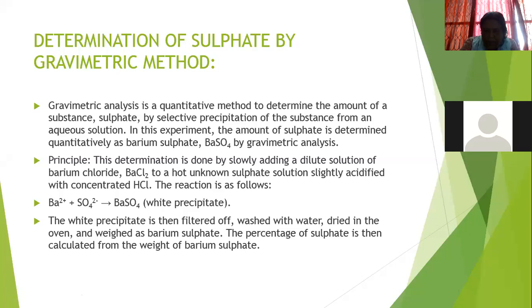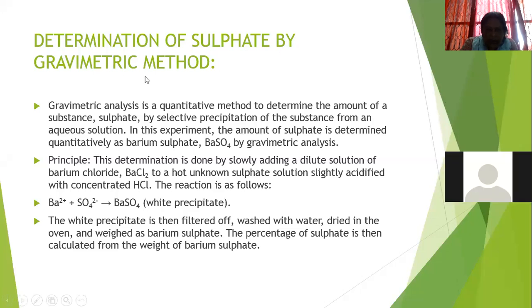Right. I am teaching today the determination of sulfate by gravimetric method. You can take the screenshot of this slide. Gravimetric analysis is a quantitative method. Listen, by gravimetric analysis only you can find out accurately how much amount of any substance is present in any solution.